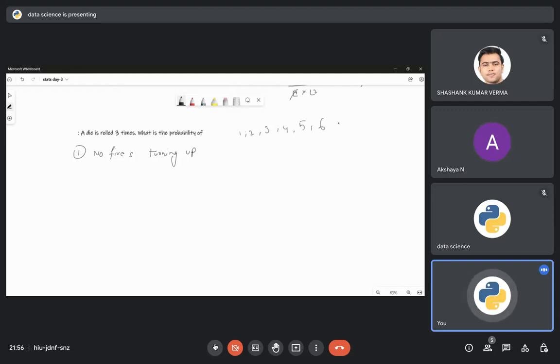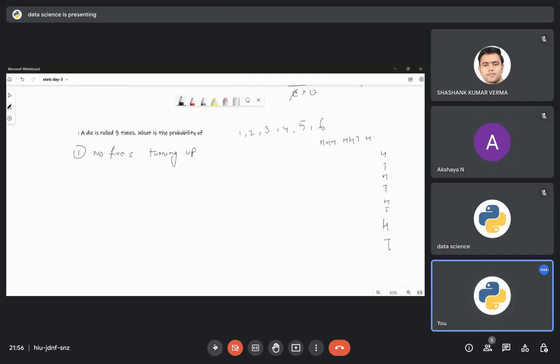So similarly, if you take the head tail concept, if you do it 3 times, it can be head head head. It can be head head tail. Let me write that: head tail head, tail head tail... That makes 4, 5, 6, 7, 8.